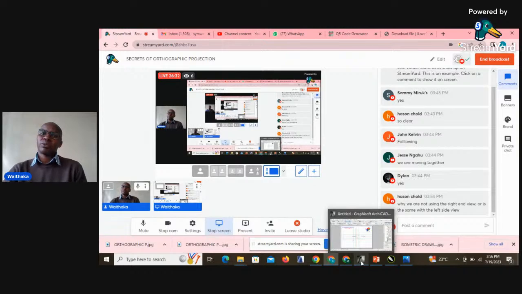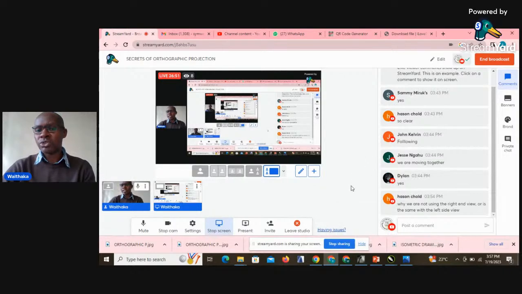So if you are required to project end view from the left hand side, then in your Cartesian plane, it goes to the right hand side and vice versa. So that's the difference, and that's what makes first angle to be first angle. But for this case, we were required to use B as our end view, and that's why we've used B.